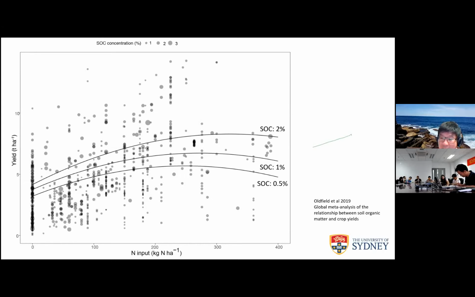It's not clear. For example, can I say that my soil carbon is 1%, so I have a healthy soil? It's not necessarily true, right? If my pH is low but my carbon content is high, that means I have an imbalanced system. So soil health is very subjective and there's no clear definition.